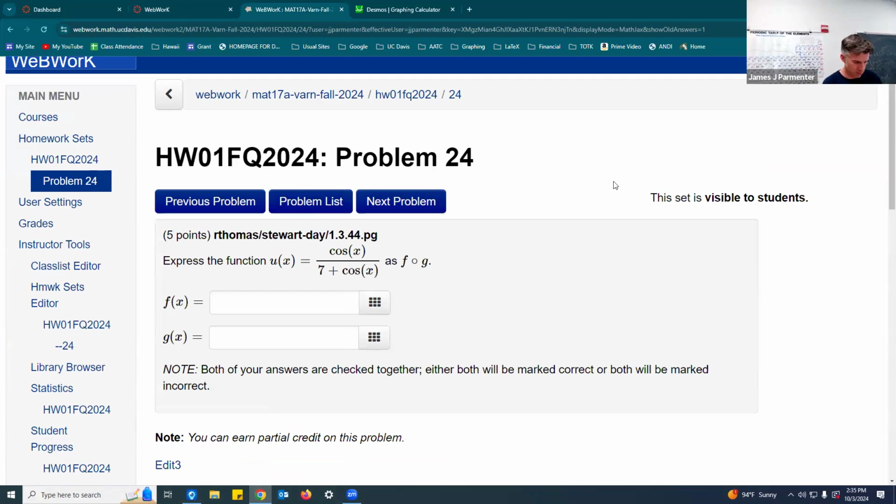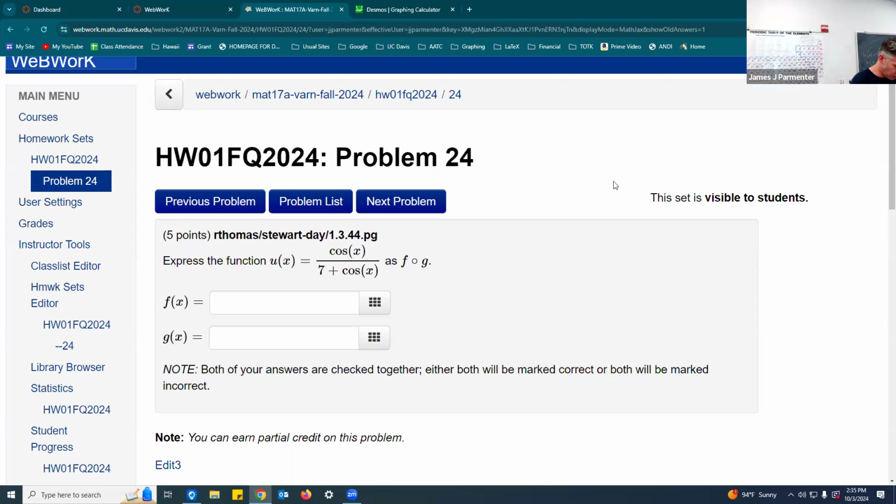So we're given this function and we're asked to write it as a composition of functions. I'm gonna give two answers here. The only kind of wrong way to answer this is to say that the inside function is x. And even that's not wrong, it just feels like you're not giving it as much effort as we could be.